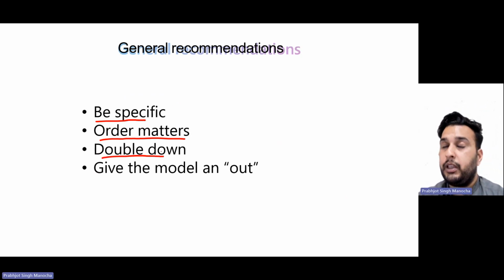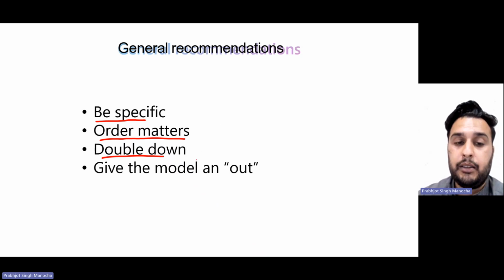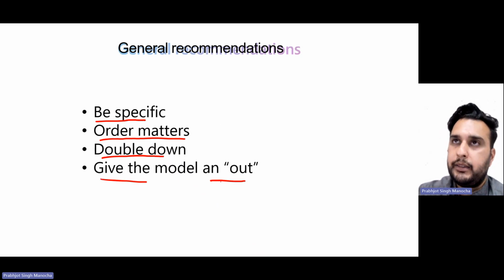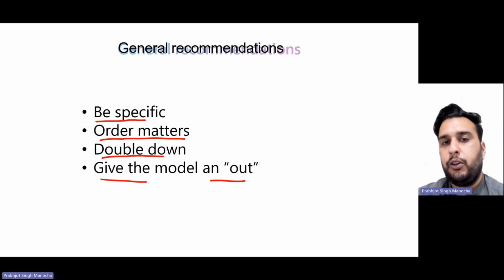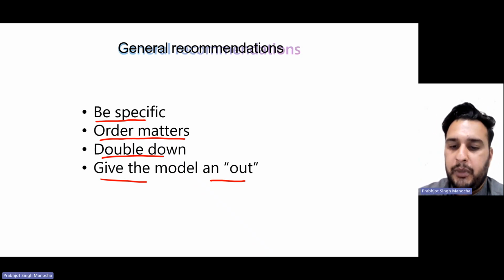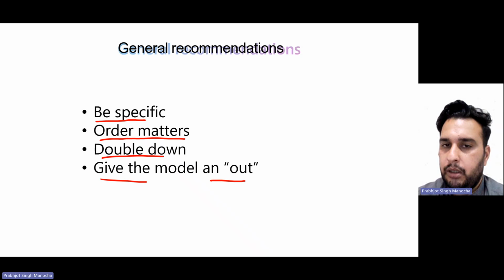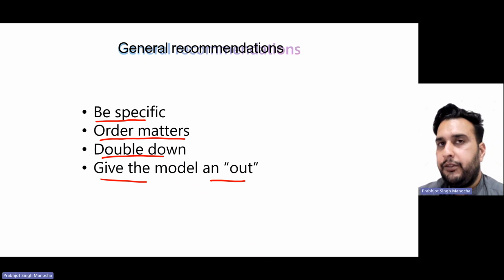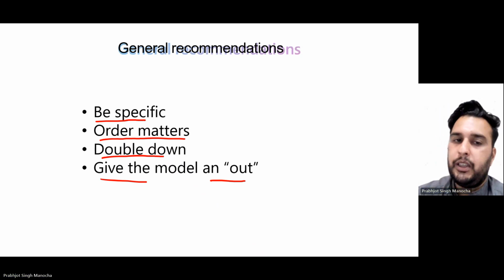What instructions you are giving, define them again, and give the model an output format also: this is the format in which we want it to be produced. So these are some general recommendations whenever you give prompts.